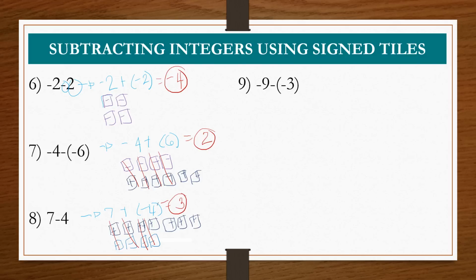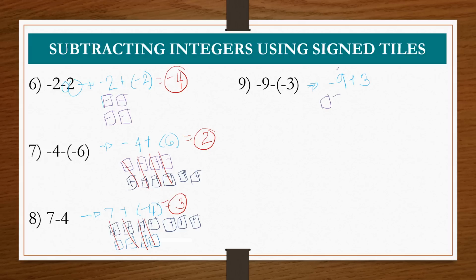Number 9, we have negative 9 minus negative 3. We have negative 9. It will become addition. And then negative 3 will become positive 3. And then we use sign tiles. First, we use sign tiles for negative 9.